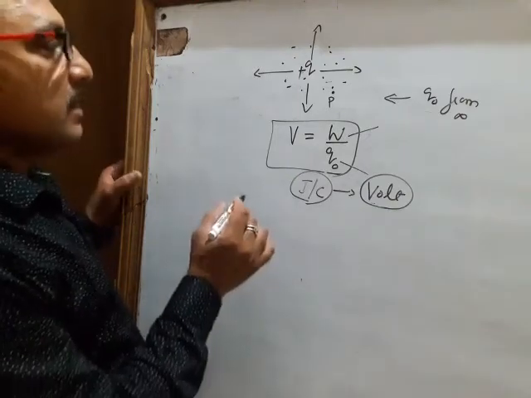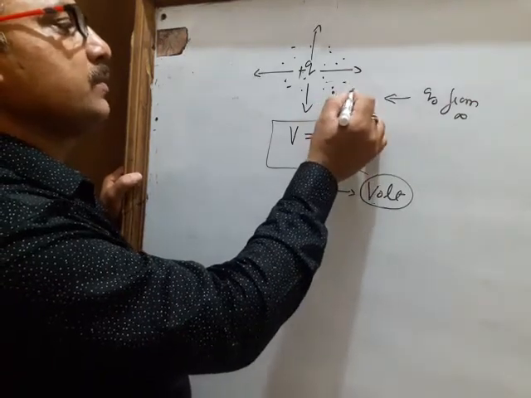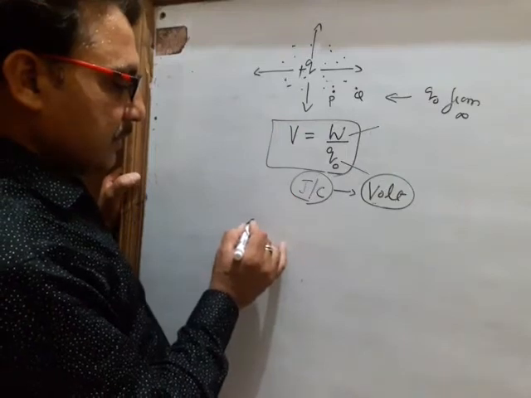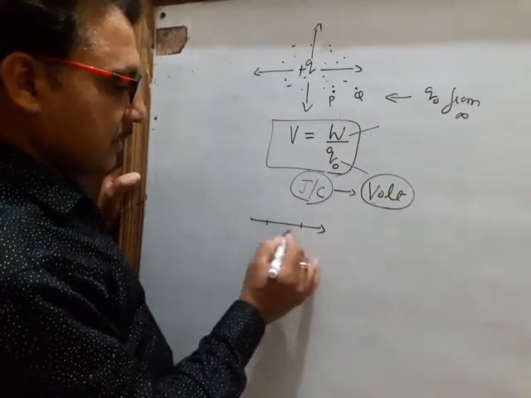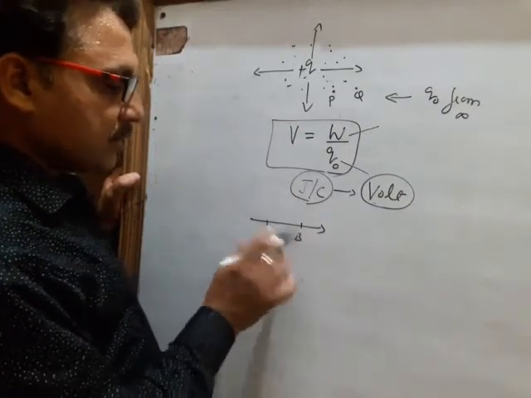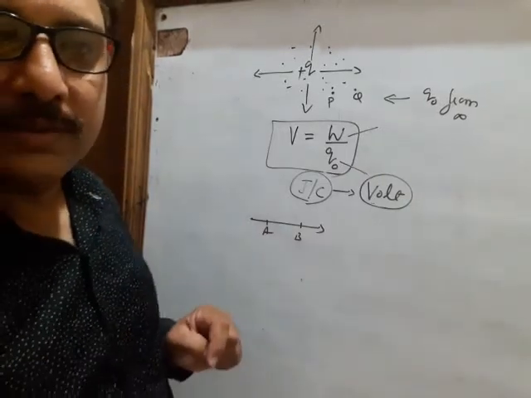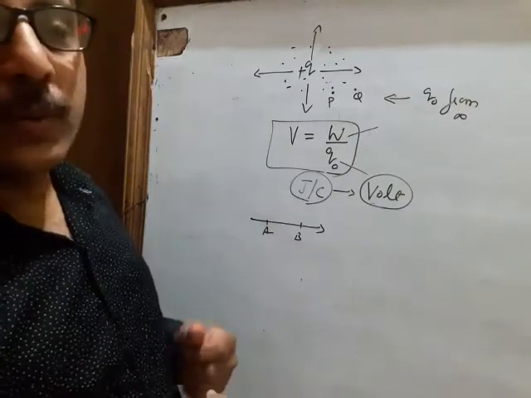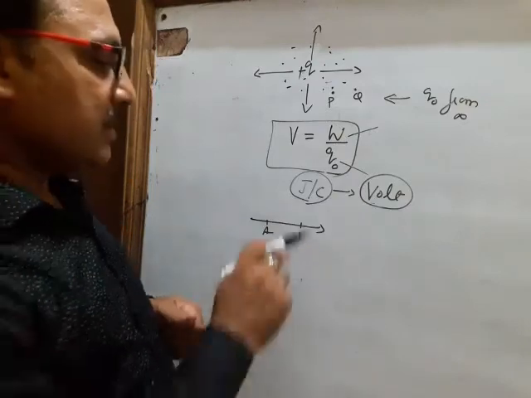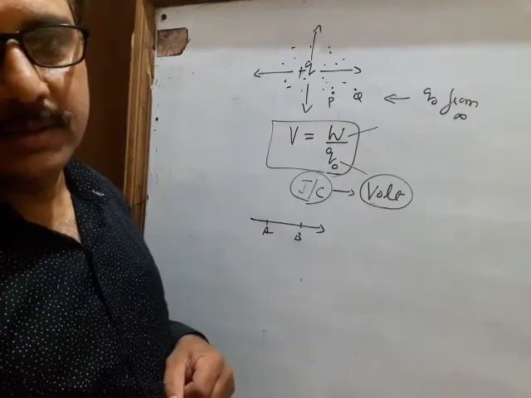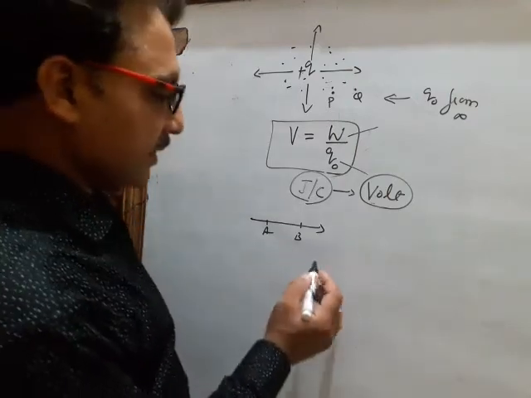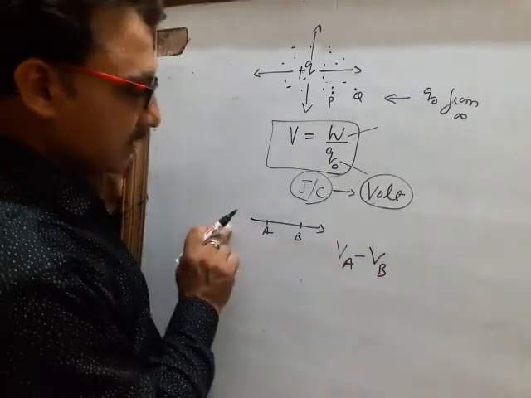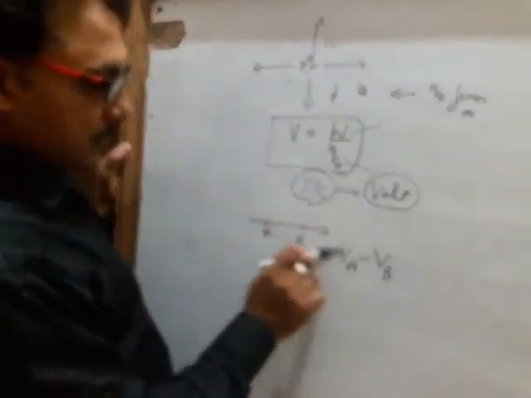Okay. Now there are 2 points. Suppose P and Q. Any 2 points you can take. Like this you can take A and B. So what is the potential difference between the 2 points? The potential difference between 2 points is equal to the amount of work done in displacing a charge between these 2 points. This is known as potential difference. So if I say VA minus VB, the field is in this direction, suppose.